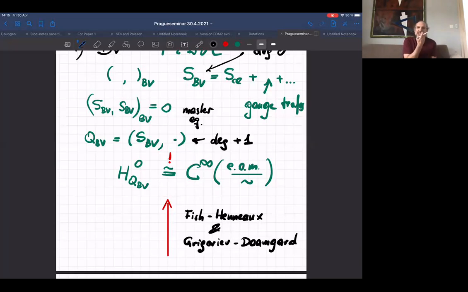In some cases, let me write just this keyword, there is this AKZ formalism, which gives you on the nose solutions of the BV or BFV setting just by construction.